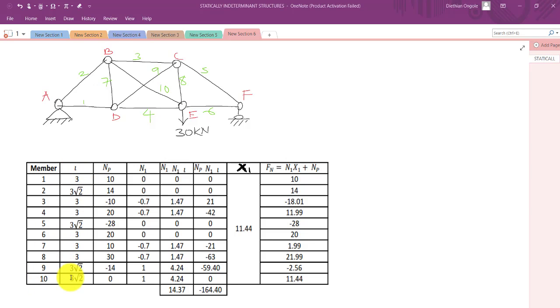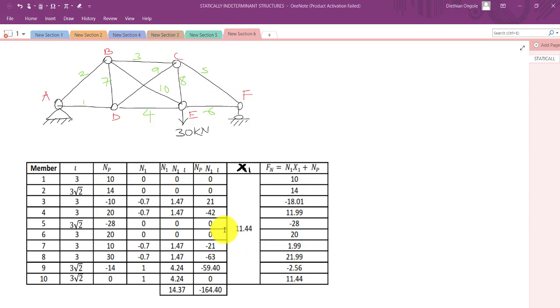Then we write the corresponding length, then the calculated internal forces as we had found them above, then the internal forces due to the action of the unit load, then we find N1 squared L, then we get this value here, and NP N1 L, we also get this value. Then from it, our X1 was simply calculated by dividing the NP N1 L by N1 squared L to give us the 11.4 as you had got by calculation.